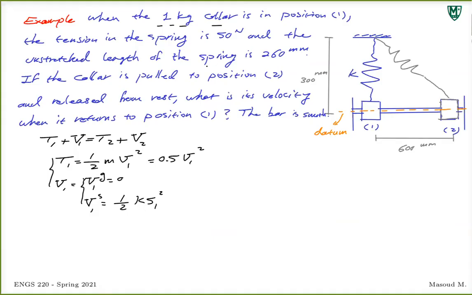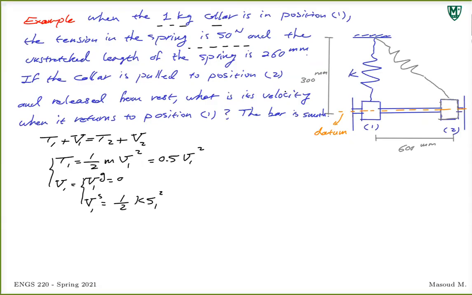What am I given about this spring? I'm told that the tension in this spring at position 1 is 50 newtons. Just look at the collar at position 1, the spring attached to it, totally vertical, is 300 millimeters from where the collar is to where the other end of the spring is attached.